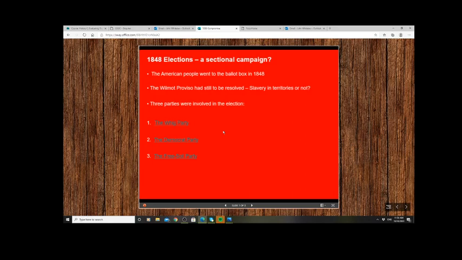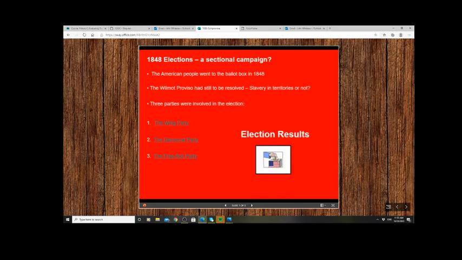The Whig Party and the Democrat Party, and then a new party called the Free Soil Party, who will eventually become a party that you are familiar with, the Republican Party. The Republican Party of the 19th century is rather different than maybe the Republican Party of the present day. So, what's going to happen at this election?